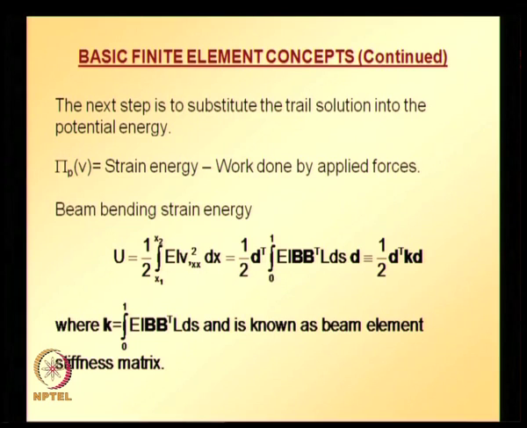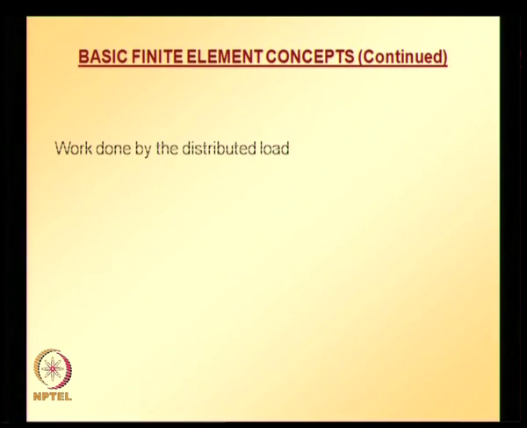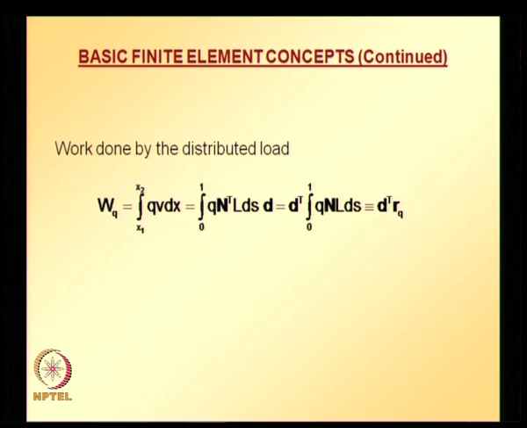Now, the work done by the distributed load is given by, and we already derived this equation earlier. W_Q is equal to, W is because of the distributed load q, that is why the subscript Q is there.